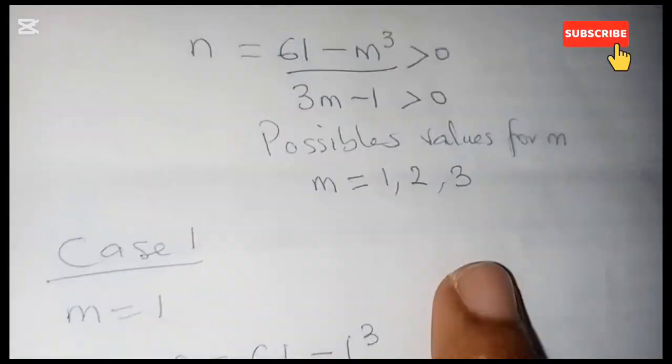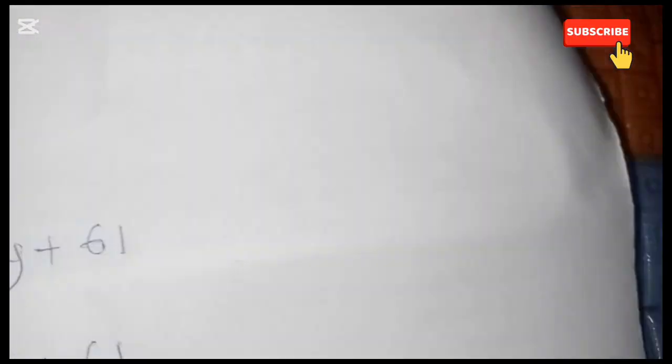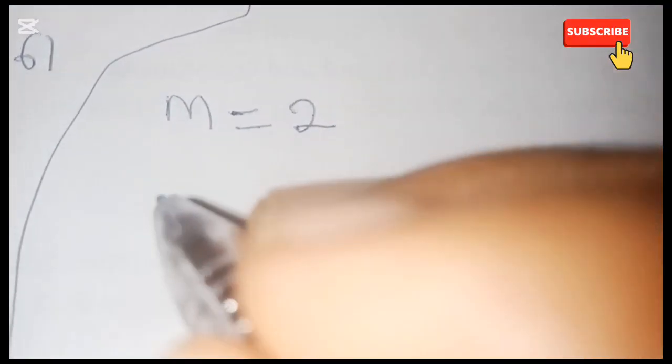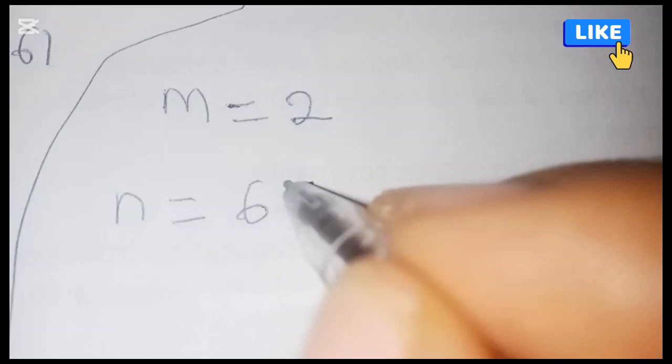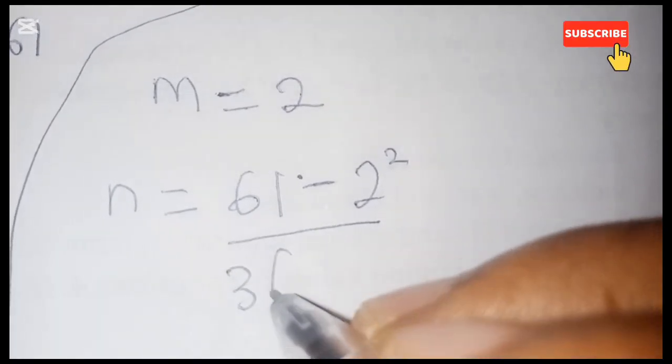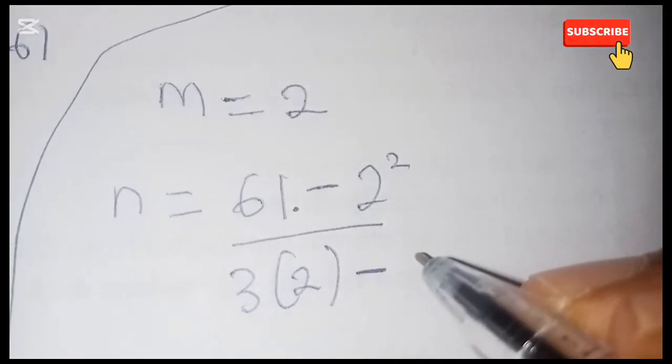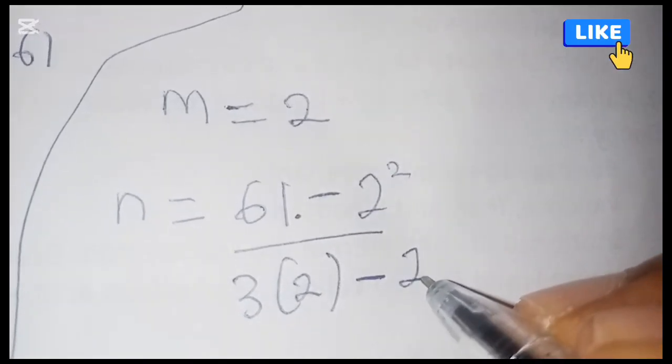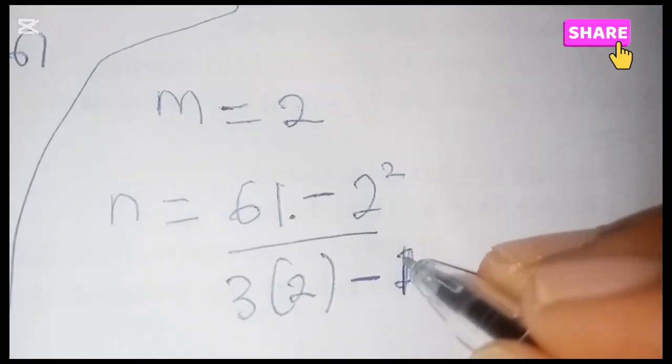We're going to look at case 2, where m is 2. Where m is 2, we have n equals (61 minus 2 cubed) over 3 in bracket of 2, minus 1.